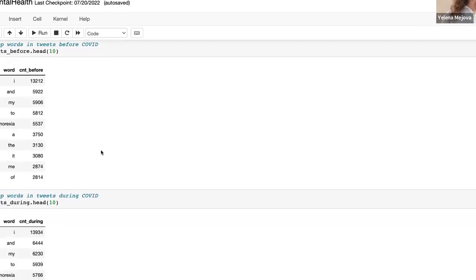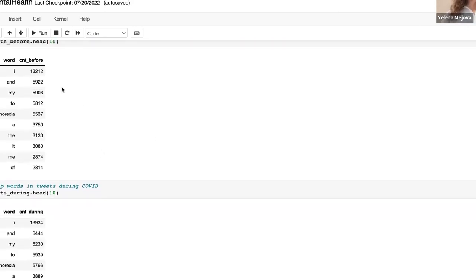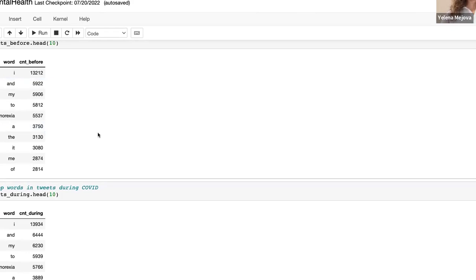And if you look at the top counted ones in the before and the during COVID sets, what do we see? What are these words called? Stop words, they are stop words.